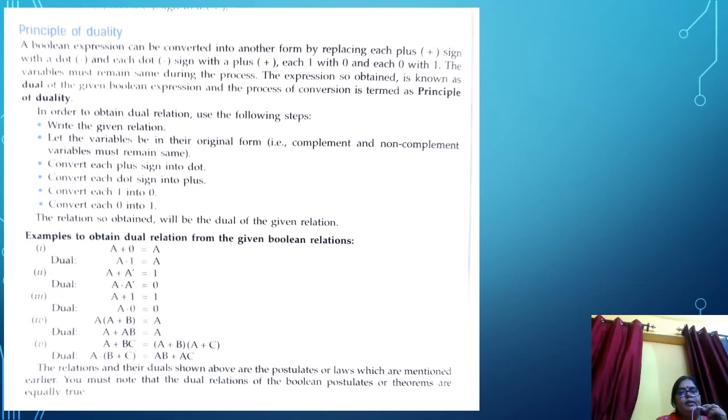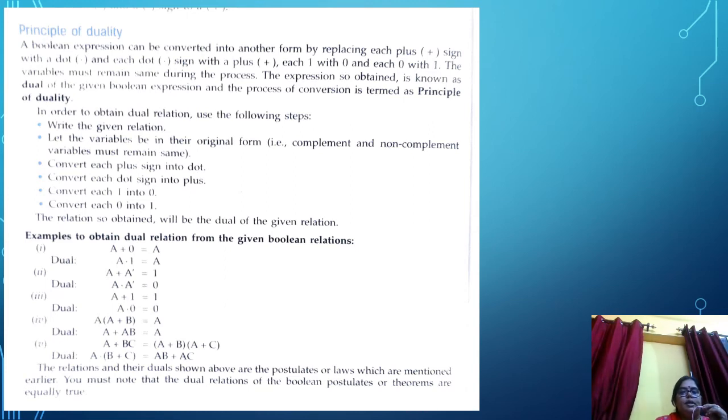In other words, 0 will become 1 and 1 will become 0. But pay attention here that no complement changes are going to be there. Okay, the expression so obtained is known as the dual of the given Boolean expression, and the process of conversion is termed the principle of duality.